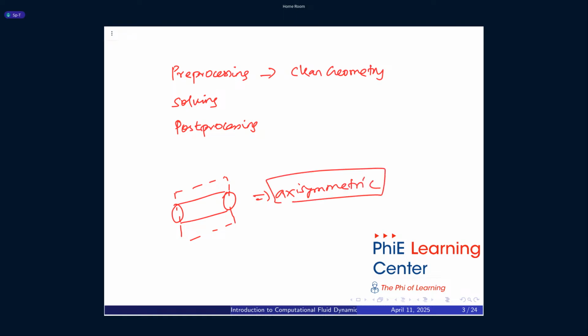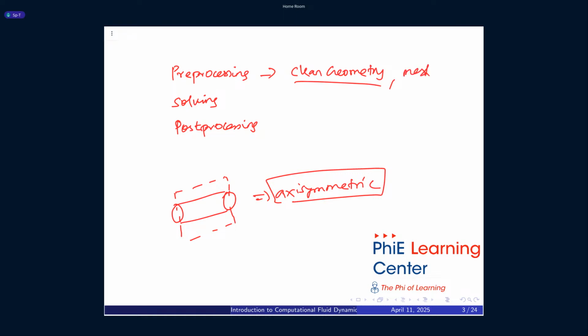We'll negate all the unwanted parts of the geometry, like nuts and bolts, so that they don't affect the computational time, because strictly speaking, we are only interested in the fluid interaction. That's what we're focused on. So we'll clean the geometry, and we'll also mesh the geometry.